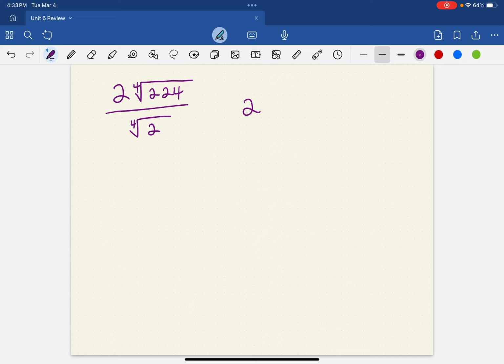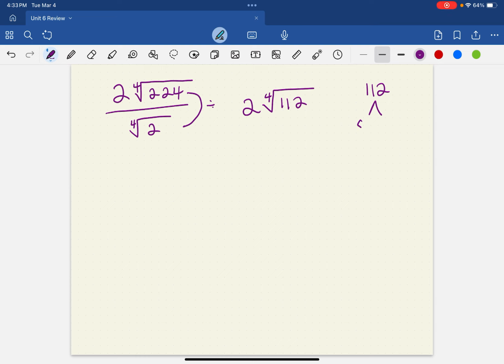224 is even, so we can divide it by 2 and get a nice whole number. So it's going to be fourth root of 112, and all I did was divide these two. Okay. And now we're going to break down 112 if we can to see what groups of whatever come out.